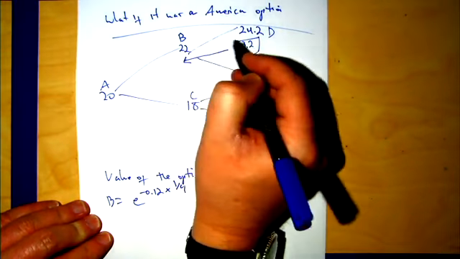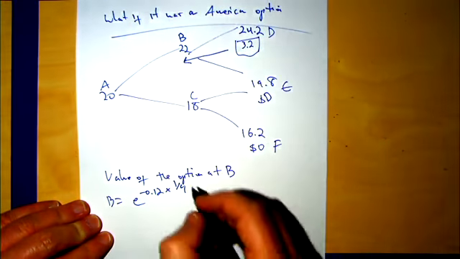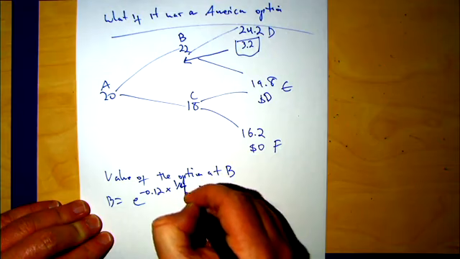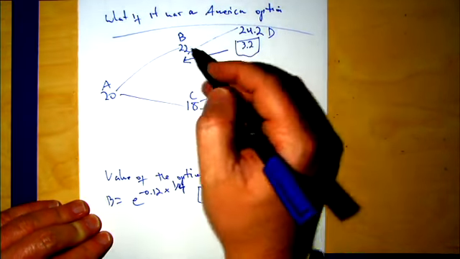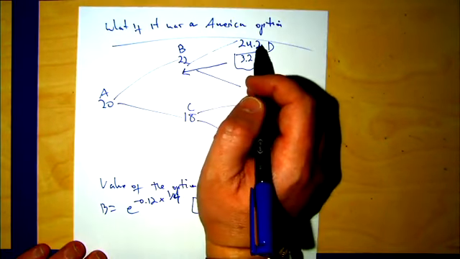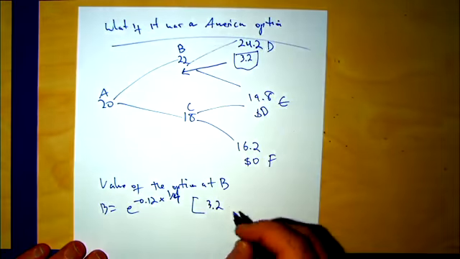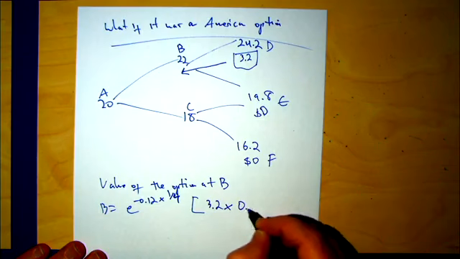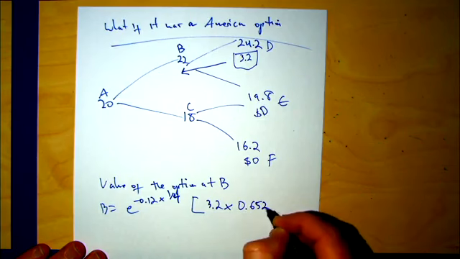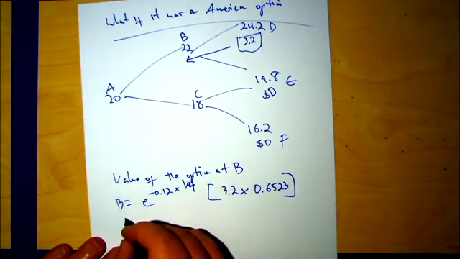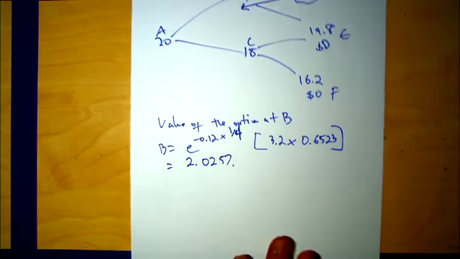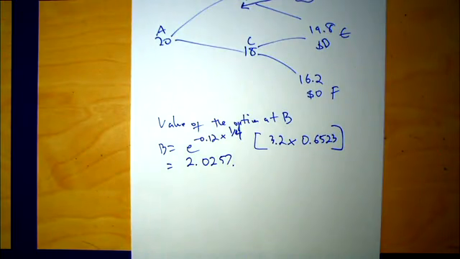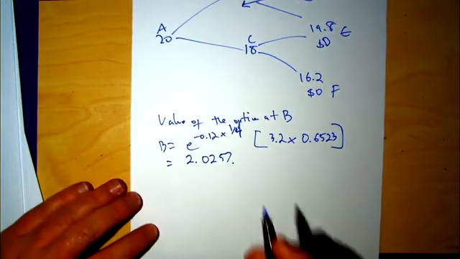We're bringing it back 3 months, just one time step, multiplied by the payoff of $3.20, and to get from node B to node D, you went up the tree, so you multiply it by P, which is 0.6523. That gives me 2.0257.